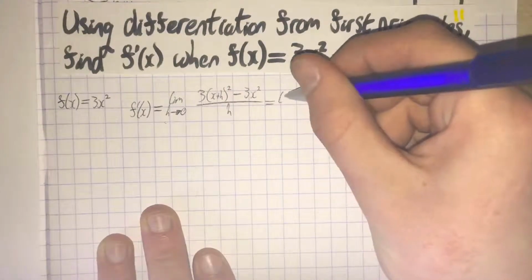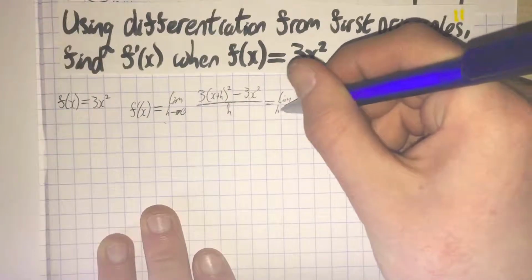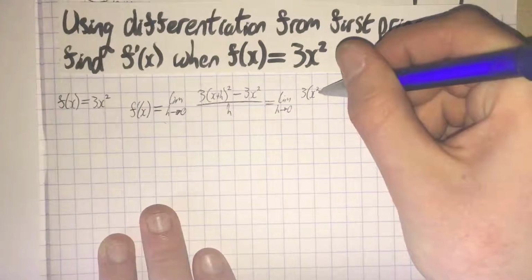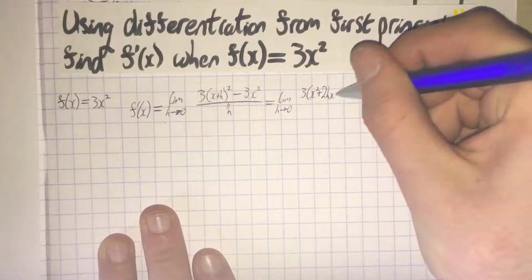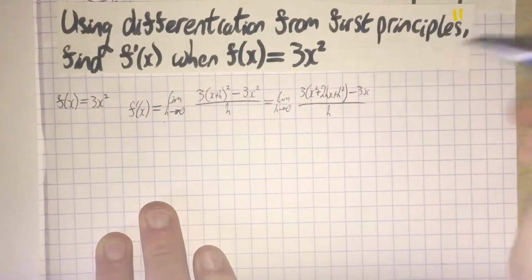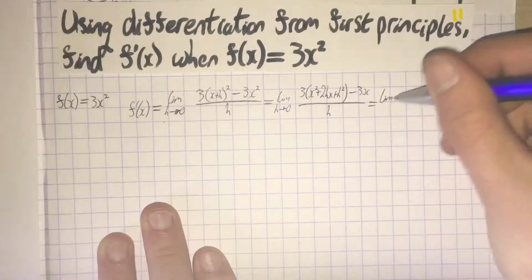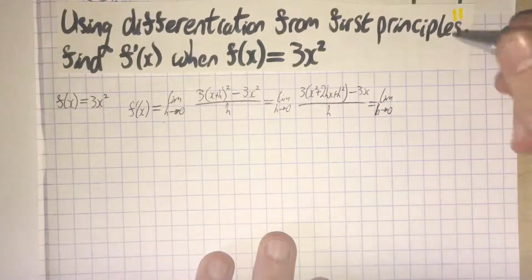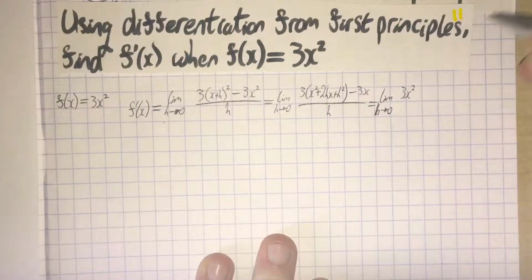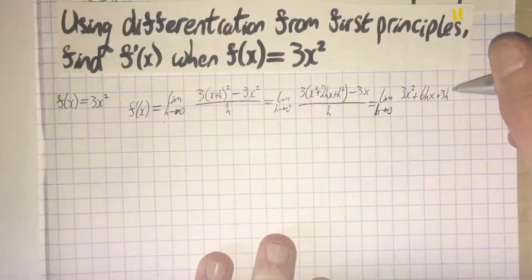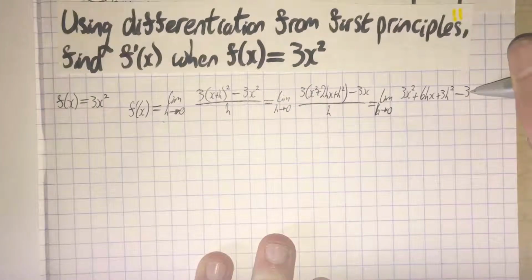Right, so it's some lovely expanding. Quite capable of that. So we're going to have 3 times (x squared plus 2hx plus h squared), close brackets, minus 3x squared, all over h, which will equal a nice 3x squared, looks familiar, plus 6hx plus 3h squared minus 3x squared.